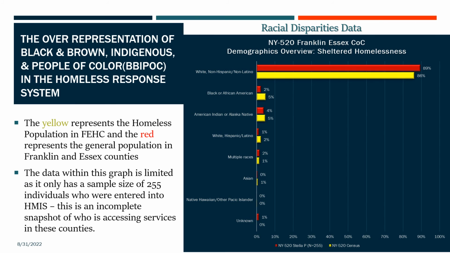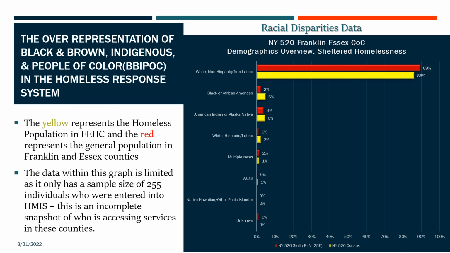The overrepresentation of Black and Brown, Indigenous, and people of color, BIPOC, in our homeless response system. The graph on this slide is depicting data from our homeless system and from the census. This data comparison provides insight into the races that are represented in your general community versus those showing up in your homeless programs.